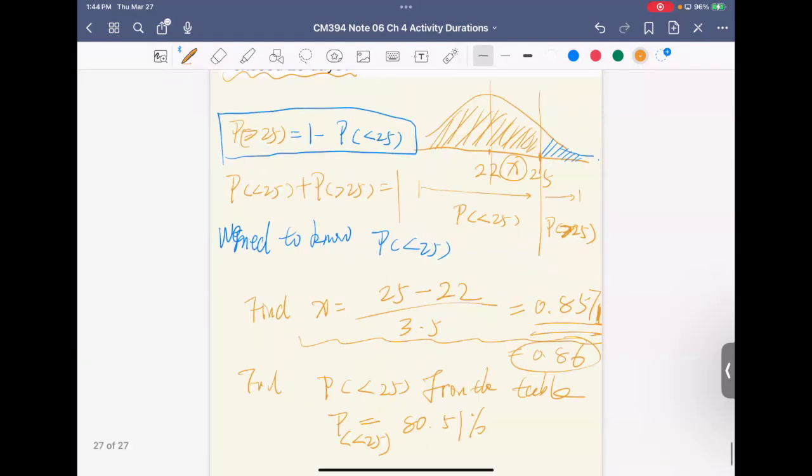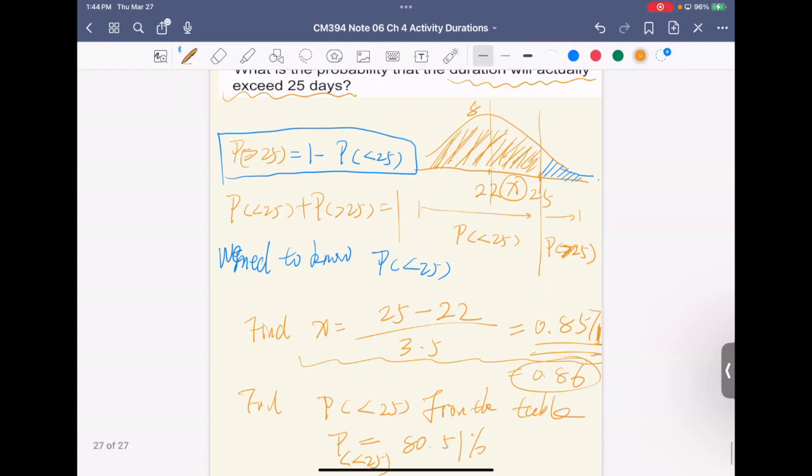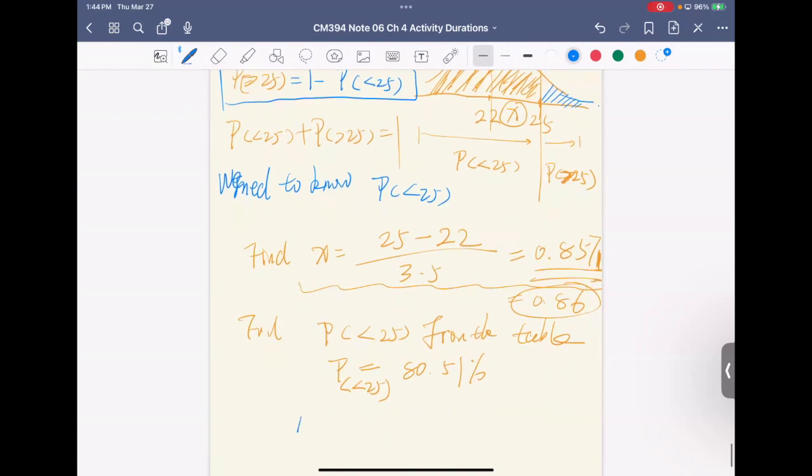So then you have this part is 0.7611. And how much is this part? You use 1 minus this number and you're getting 0.23 something.